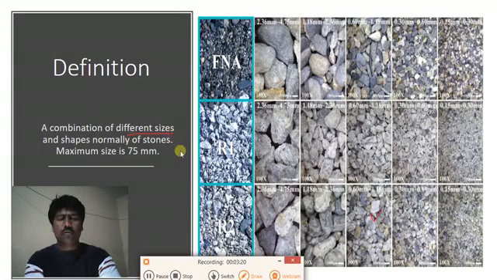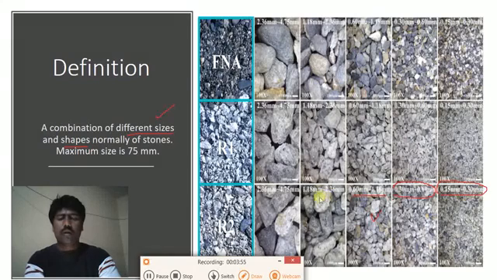Normally the stones, what we are calling aggregates, are a combination of different sizes and shapes. The sizes can be different, for example, 0.15 mm to 0.3 mm. This is one type of aggregate, and this is 0.3 mm to 0.6 mm. This is one more type, and this is 0.6 to 1.18 mm.